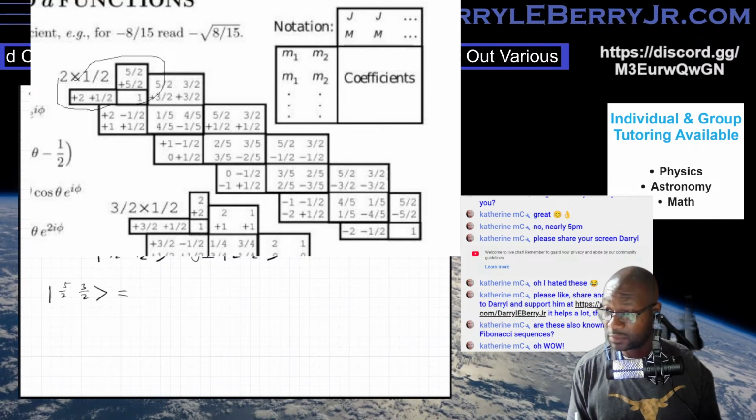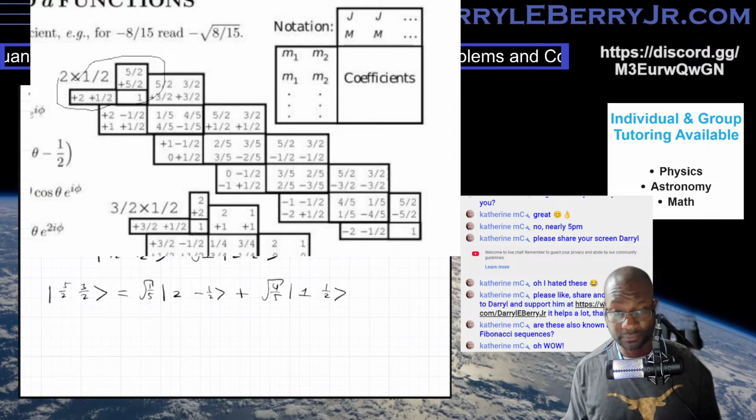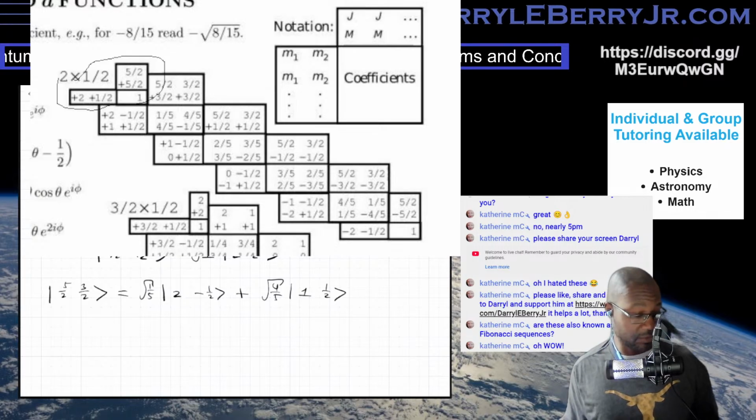And that's going to equal square root of 1/5, and that's going to be the M1 of 2 and the M2 of negative 1/2, plus square root of 4/5, and that's going to be the sub M1 and sub M of 1/2. So that was this one here.